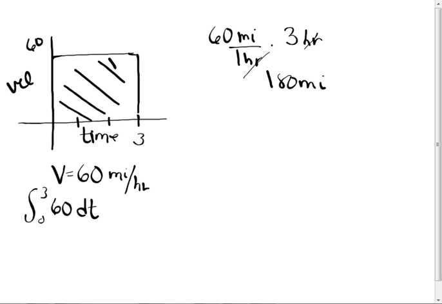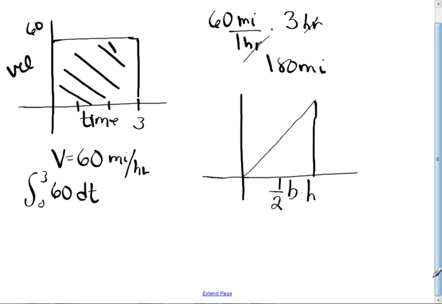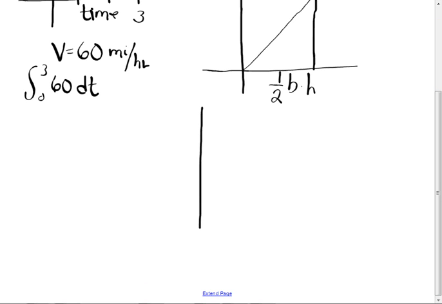If you have a graph that looks like this, you could find this area graphically, right? It's 1/2, or geometric, I mean, base times height. So the question is, how do you find the area under, like, a quadratic? I can't do base times height.